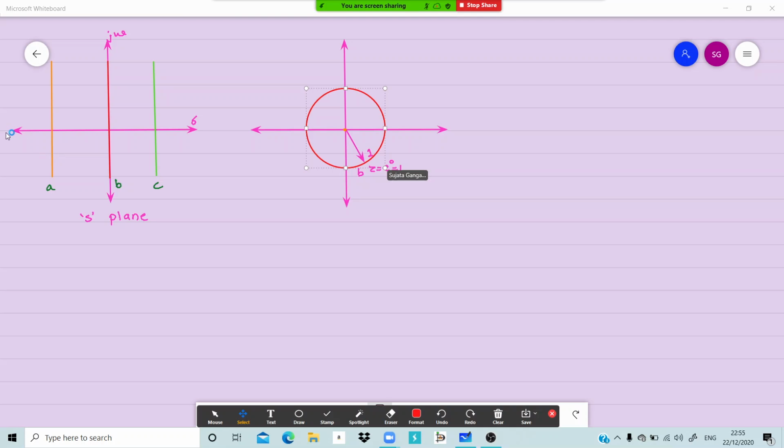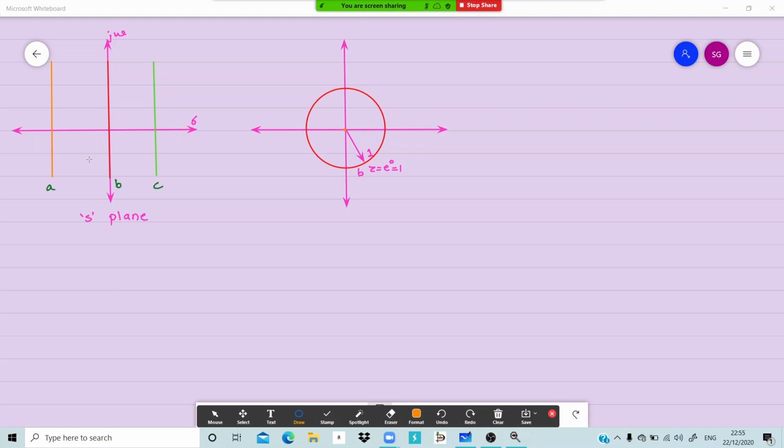Now when it is extreme left, that means minus infinity, e raised to minus infinity is going to be 0, and that's why I have drawn it over here as 0. But it is not at infinity, it is at some value, but on the left hand side. So definitely the circle will have less radius because it's reducing.